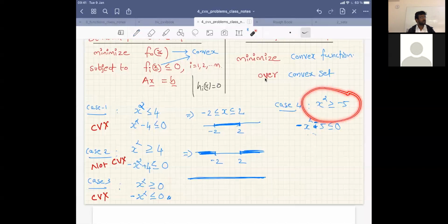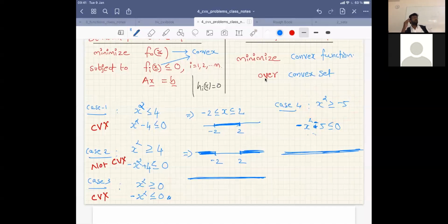What you are saying is that square of a number is greater than minus 5. It will be satisfied, of course, right? For any number. So the set associated with this inequality again will be the real line. Okay, so you have to be careful. Just don't be blind on that.